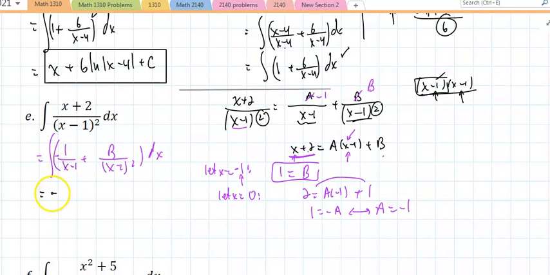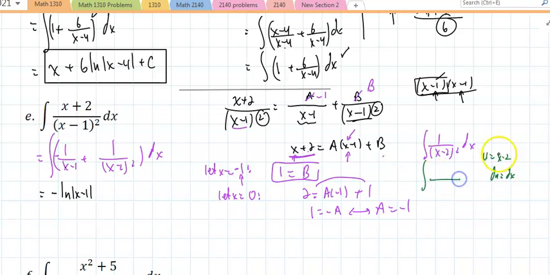This part is simple. That's natural log of x minus 1. How about this? Ooh. We said b was a 1. How about this part? This part is, I'm looking at the integral of 1 over x minus 1 squared dx. If I let u equal x minus 1, du is dx.